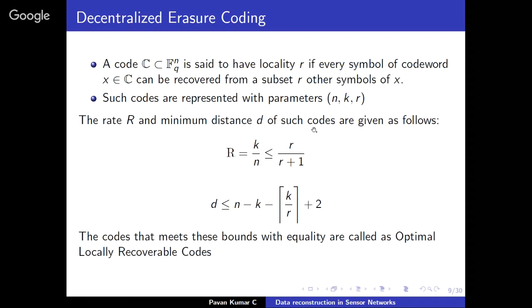The rate and the minimum distance d of such codes are given as follows. The codes that meet these bounds with equality are called optimal locally recoverable codes, and these codes were proposed by Tamo and Barg.